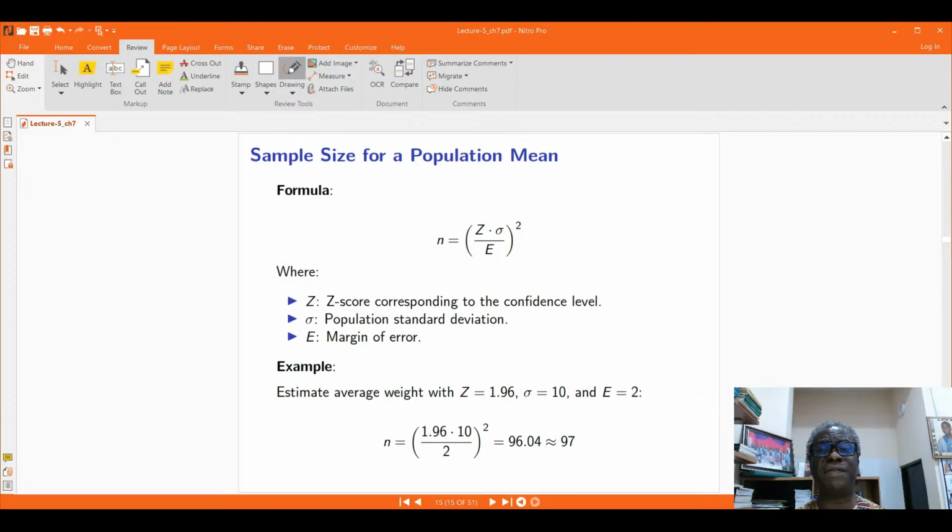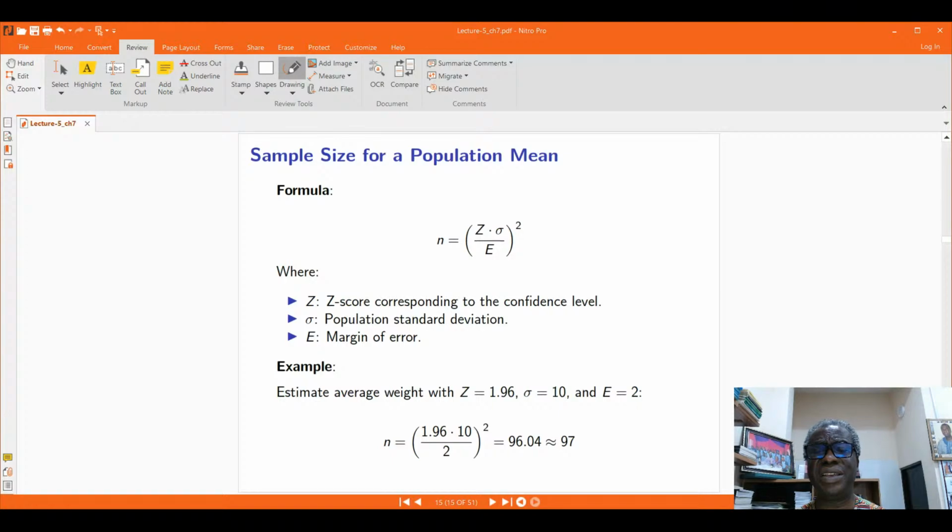So looking at that formula, that expression that you see, you will notice that the formula says sample size is equal to the product of Z and the population standard deviation divided by the margin of error, all squared.